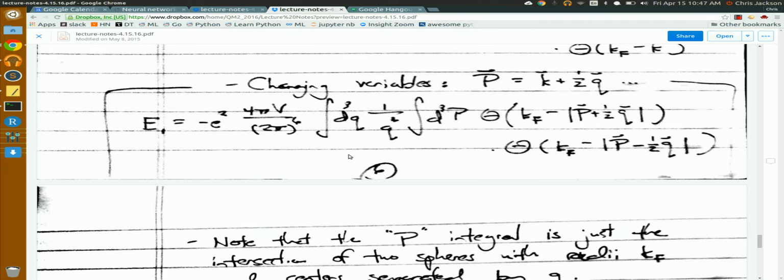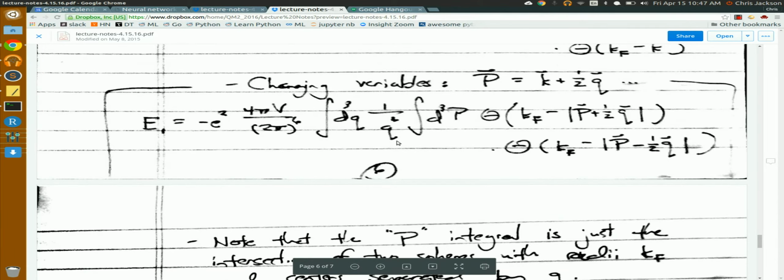If these were bosons, it would be very difficult. There are actually ways of doing it, and that's what led to the Bose-Einstein condensate, which won a Nobel Prize.